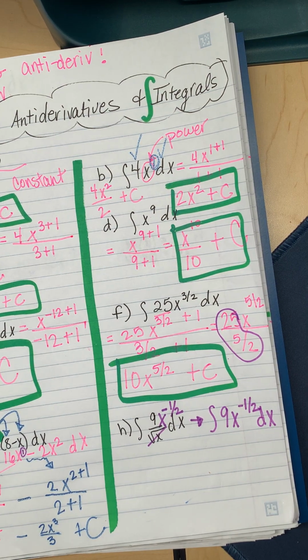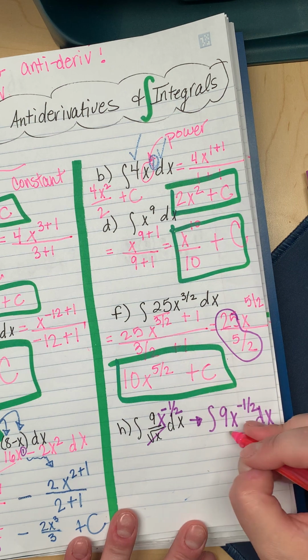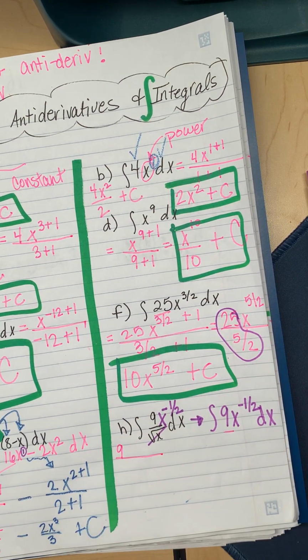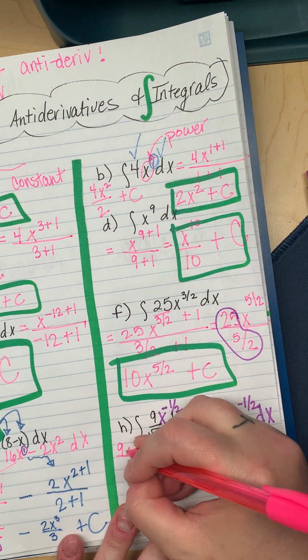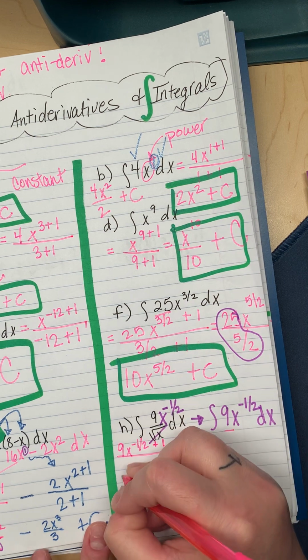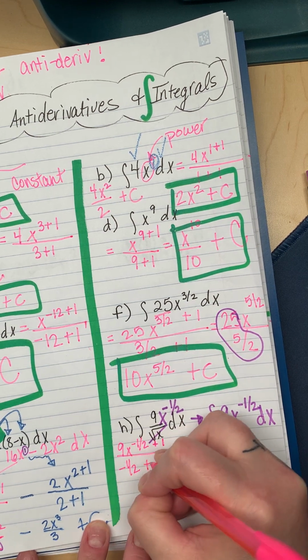Okay, and then now we can use our rule. There's a 9 hanging out at front, so I'm going to put my 9 hanging out in front. Then we're going to say x to the exponent plus 1 all over that exponent plus 1.